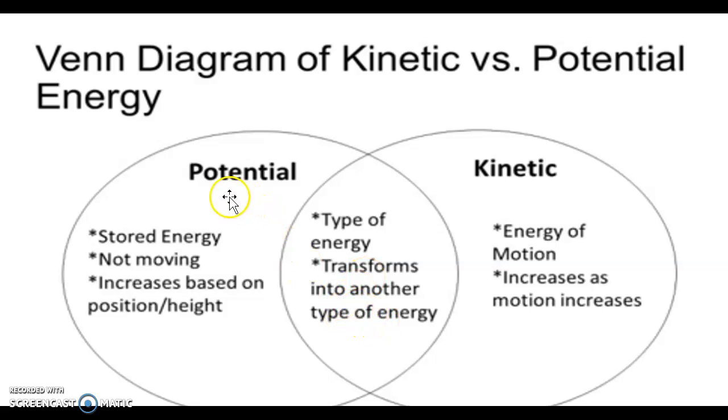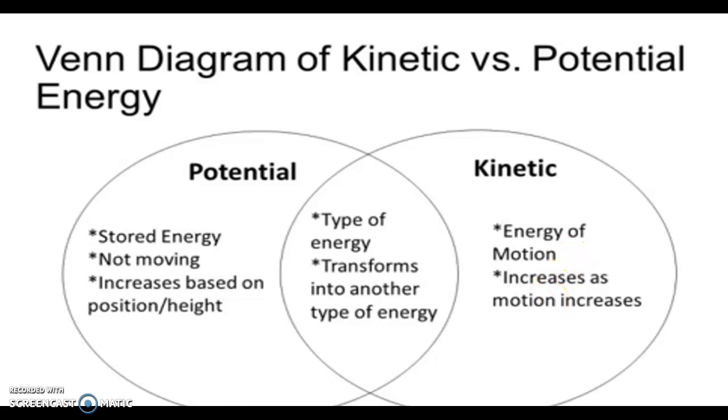But the difference is that potential energy is stored energy. These are the energy in objects which are not moving, and the energy that is increasing based on the position and its height. Whereas kinetic is the energy of motion, and kinetic energy increases as the motion of the object increases.